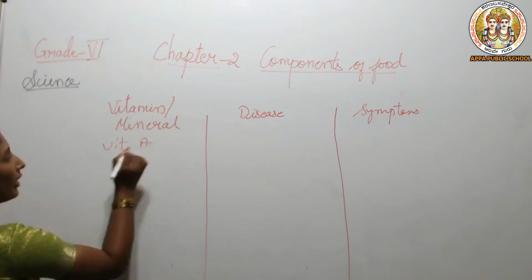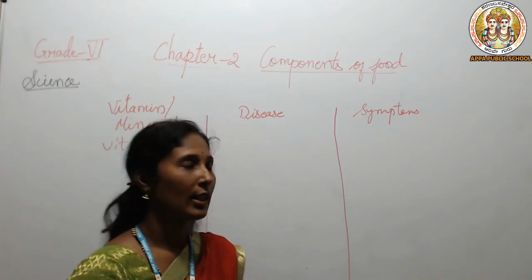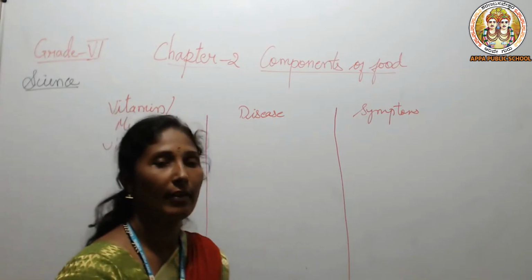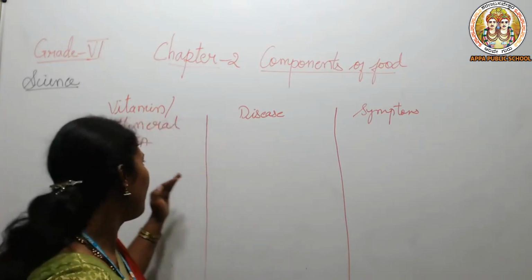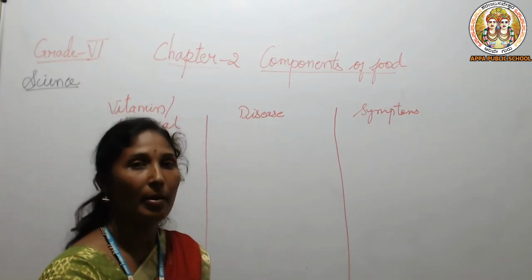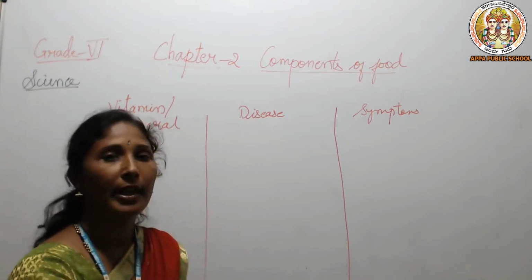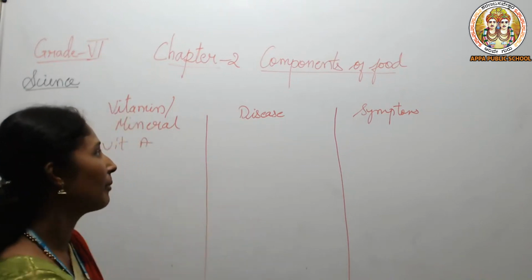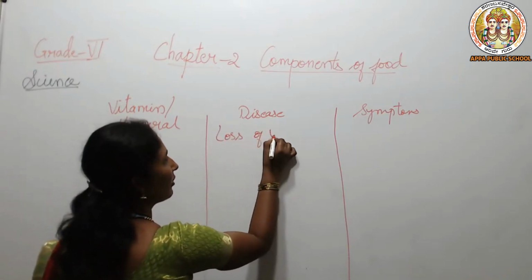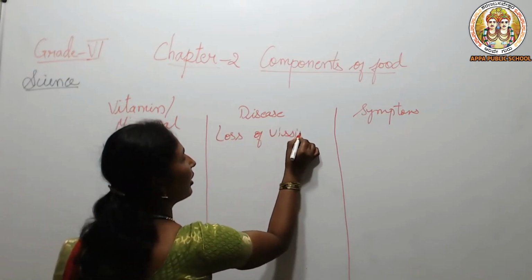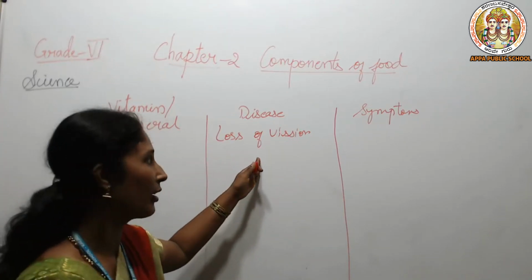So vitamin A. Why do we require vitamin A? Because vitamin A keeps our eyes and skin healthy. But what happens if we are not getting vitamin A properly in our diet? We can suffer from loss of vision, and skin disease also can occur.